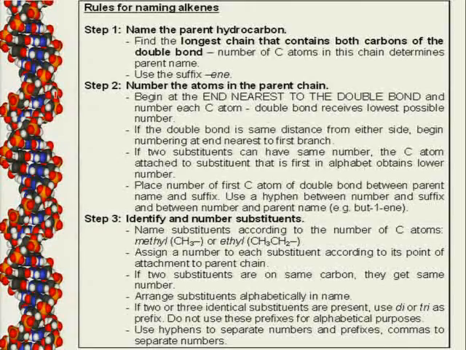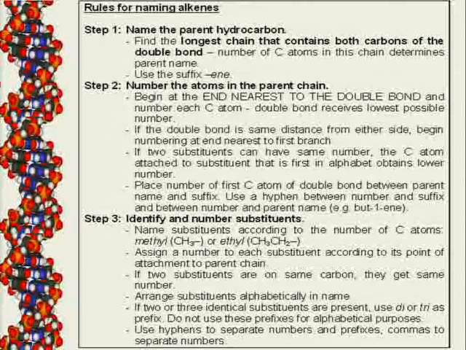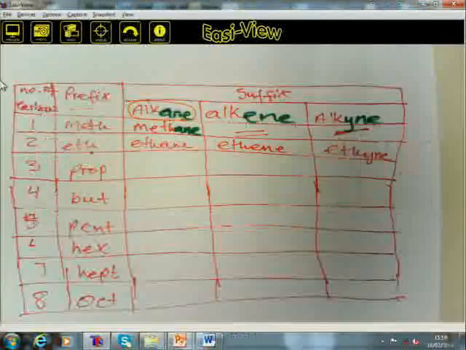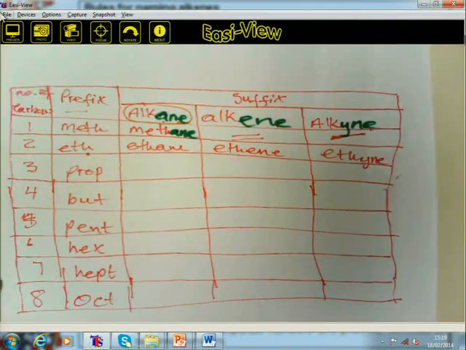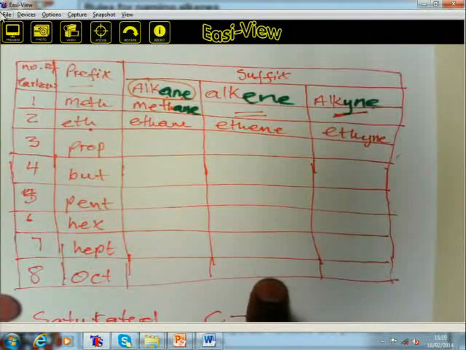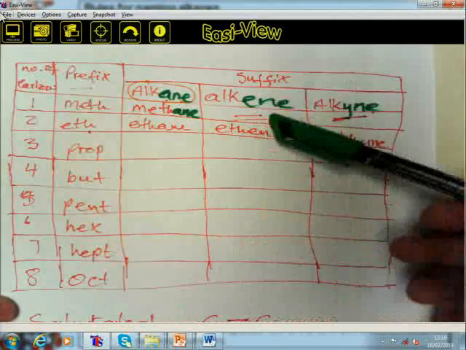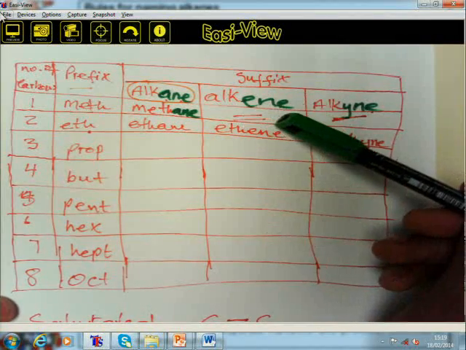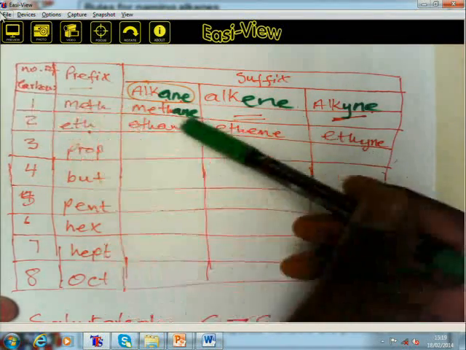Let us go back to our table just to remind ourselves. We are going to have a break very soon. So I just want to remind you what we have on the table and what you should have written there. So the alkene, this is the group that we are talking about, where you've got the double bond between 2 carbons, and we don't have any for 1 carbon.